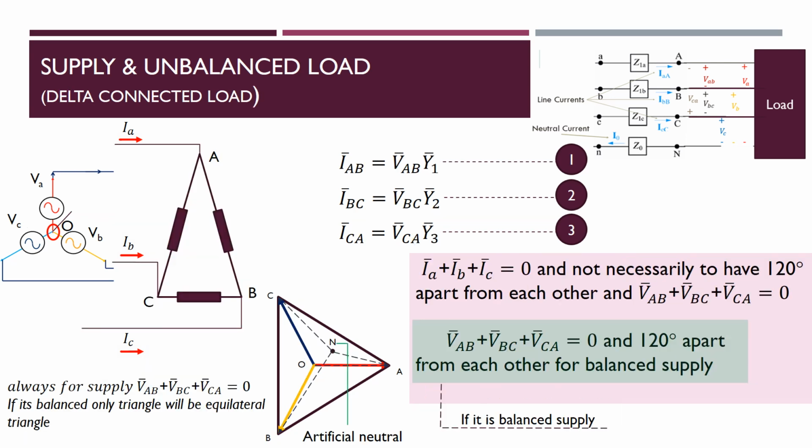If it is a delta connected load, you may construct VAB, VBC, VCA, which always sum to 0. Only if it is balanced will the triangle be an equilateral triangle. If there is any artificial neutral, with that artificial neutral we can determine the neutral shift in this picture.